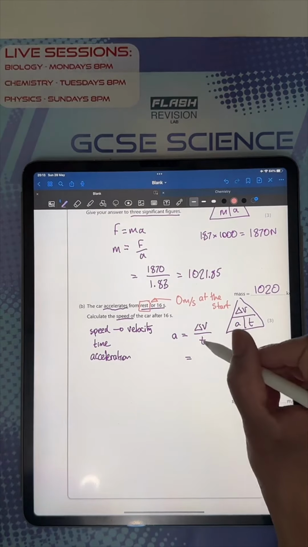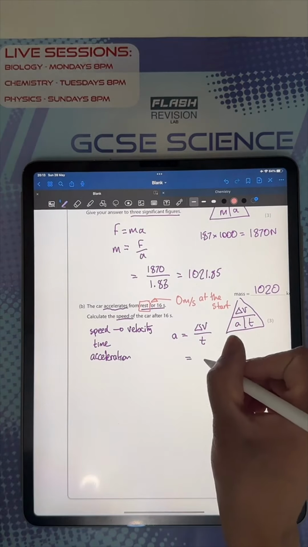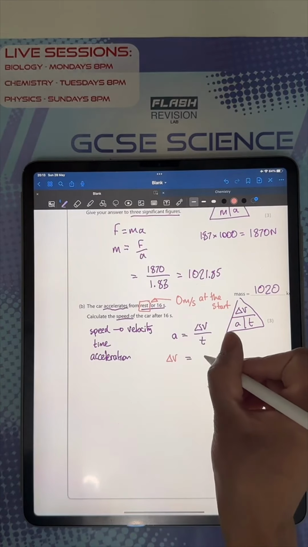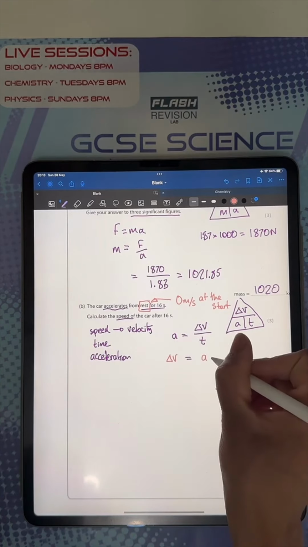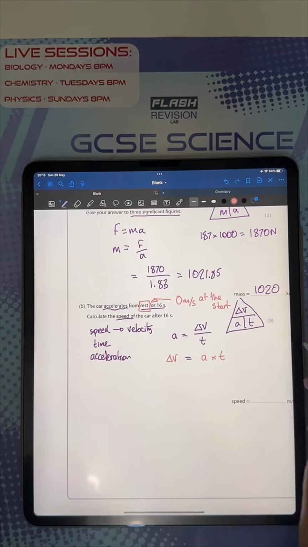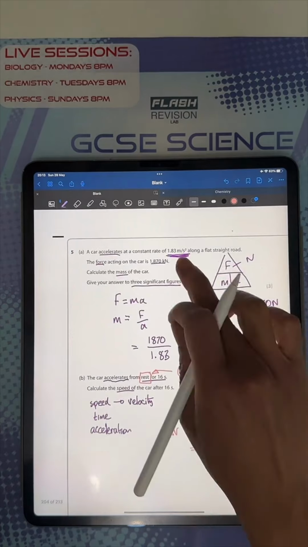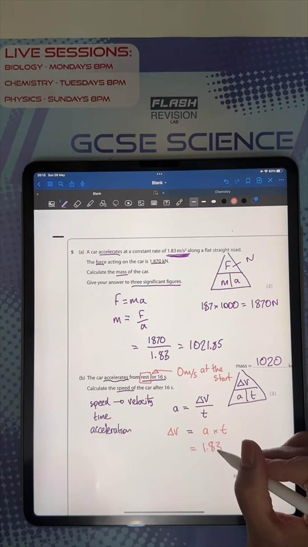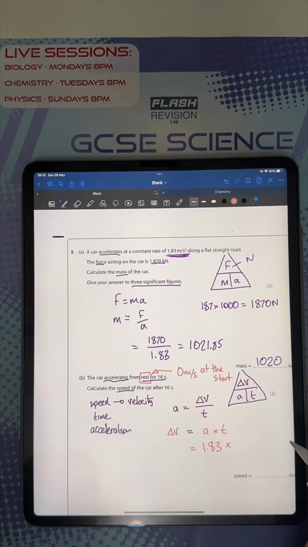So what you can do is work out delta v, so the change in velocity, by doing a times t, acceleration times time. So we've got our acceleration up here from the previous part as 1.83 meters per second squared. We can times that by the time, which is 16.